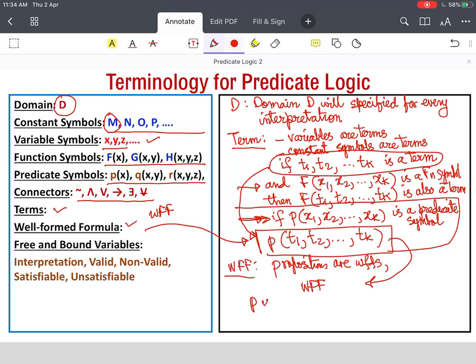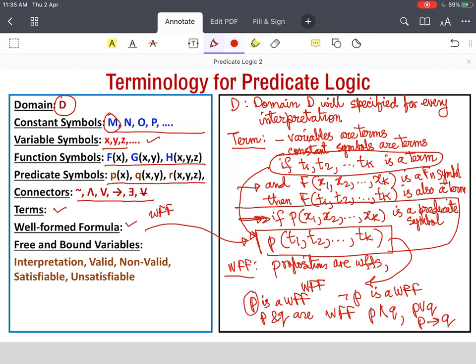The other thing that we will add now is that if P is a well-formed formula, then not P is also a well-formed formula. If P and Q are well-formed formulas, then P and Q, P or Q, and P implies Q are also well-formed formulas, and they can be predicates.